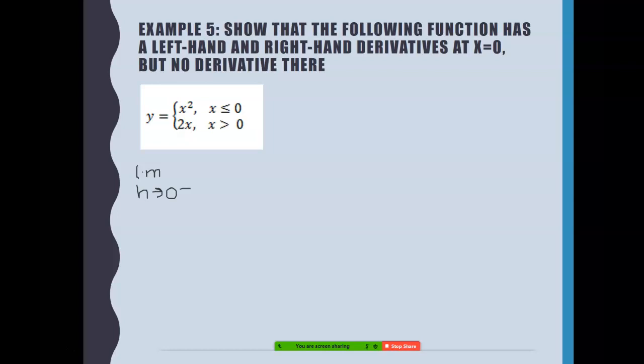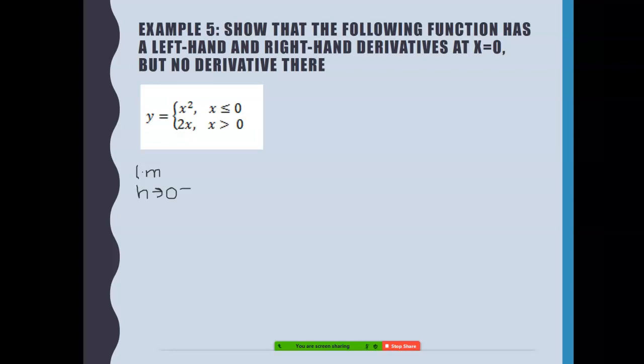So the limit as h approaches 0 from the left would be looking at the x squared function, because from the left you're approaching from the negative side, so that's x squared.